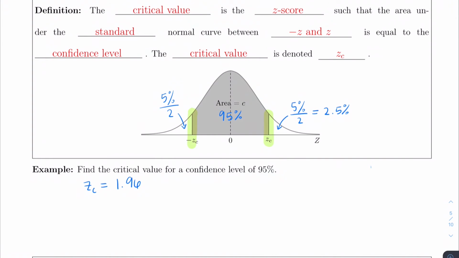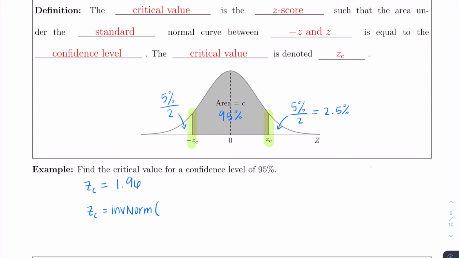To find the critical value using either a TI-83 plus or a TI-84 plus, you can use the function inverse norm, and it's found in the same place that you find normal CDF.